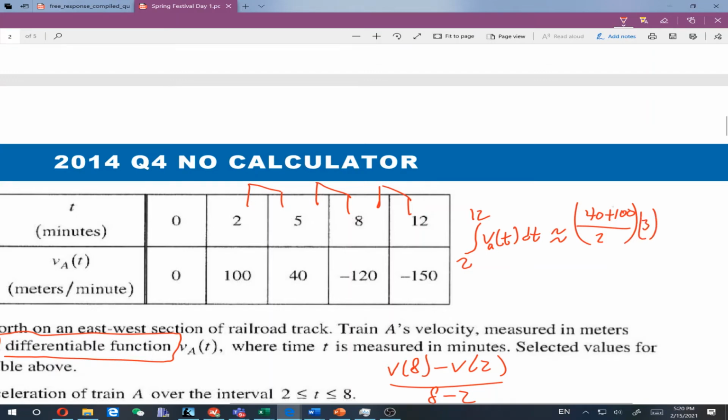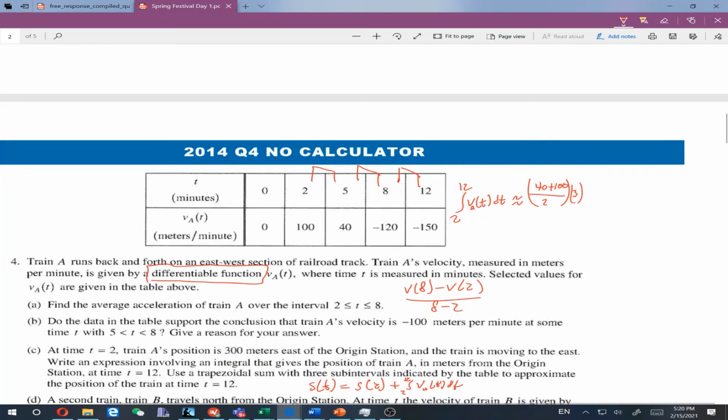Perfect. Okay, and I'm going to keep doing that for the other trapezoids.